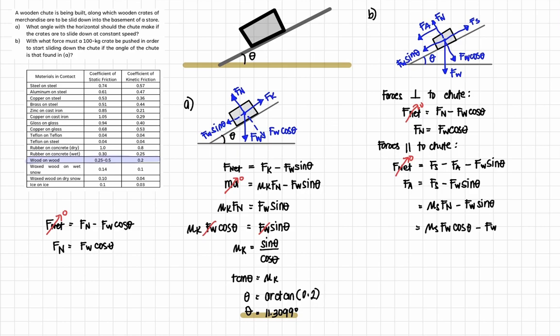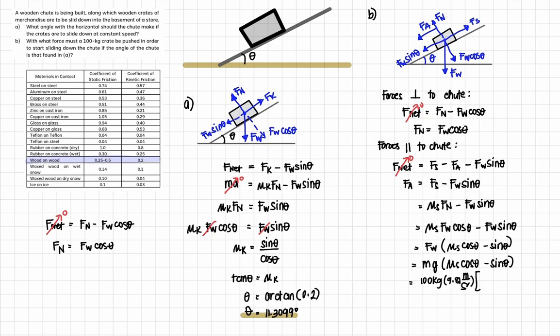So Fa equals mu s Fw cosine of theta minus Fw sine of theta. We can factor out Fw: Fw times mu s cosine of theta minus sine of theta. But Fw is the mass of the crate times acceleration due to gravity. So the mass is 100 kilograms times 9.81 meters per second squared.